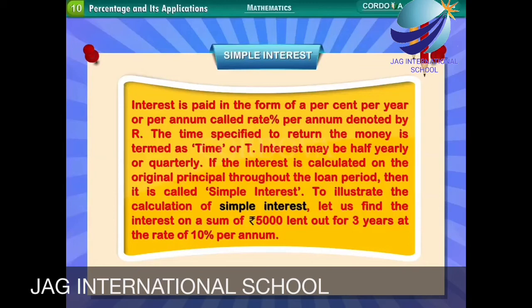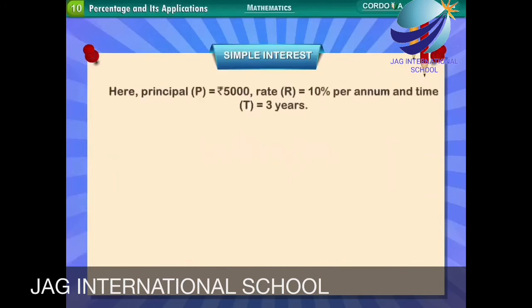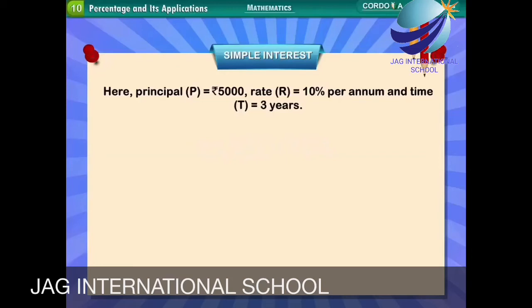To illustrate the calculation of simple interest, let us find the interest on a sum of rupees 5,000 lent out for 3 years at the rate of 10% per annum. Here, principal P = rupees 5,000, rate R = 10% per annum, and time T = 3 years. Interest on rupees 100 for 1 year is rupees 10.